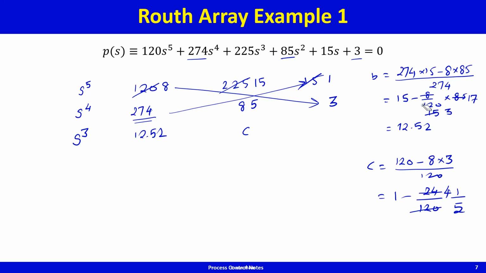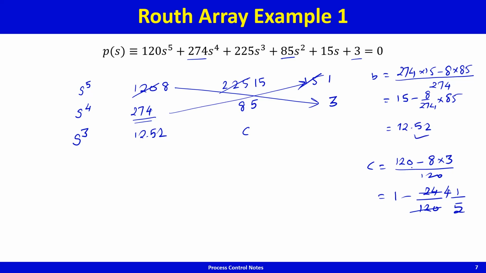So this is going to be 15 minus 8 by 274 times 85. If you do the calculation, this of course is correct.